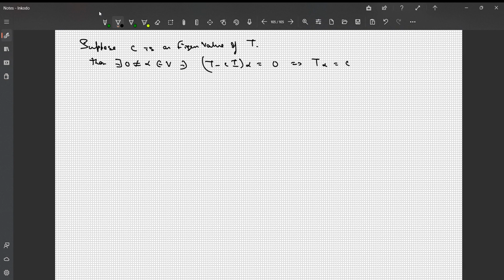So that implies T of alpha is equal to Ci of alpha, but that implies P of T alpha is equal to P of C times alpha.